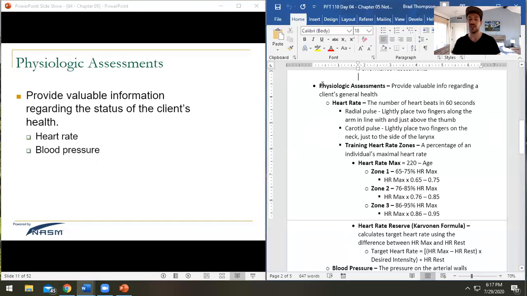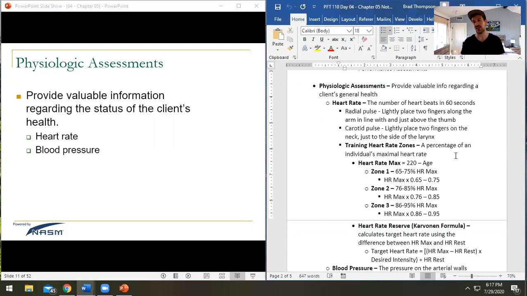Now, some of our physiologic assessments that we have. This is providing really great information about things that are sort of the most important parts of our health, right? How well your heart is working and how well your blood vessels are working, right? Your cardiorespiratory system is really what we're measuring here.